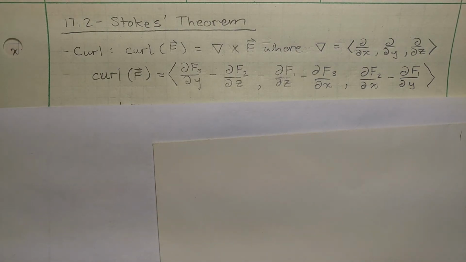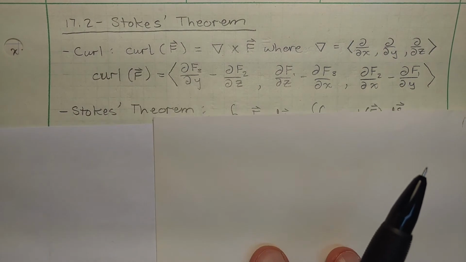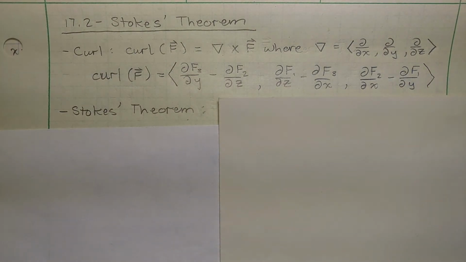The good news is chapter 17 is only 3 sections, so it's not like you have that much to memorize. Okay, so let's go on. Let's look at what Stokes' theorem actually does. It incorporates the concept of curl.